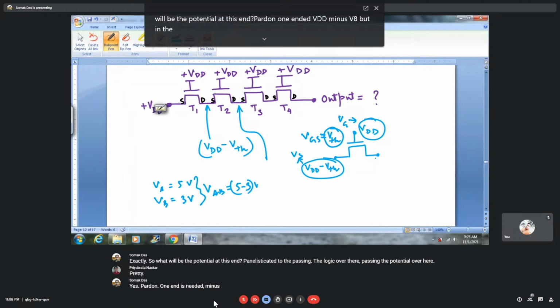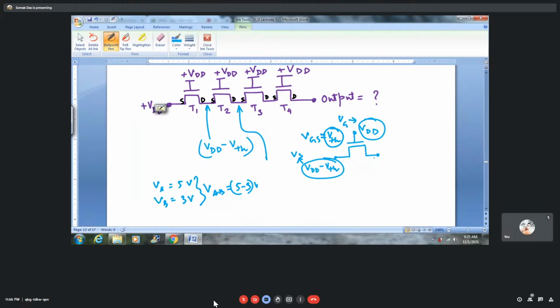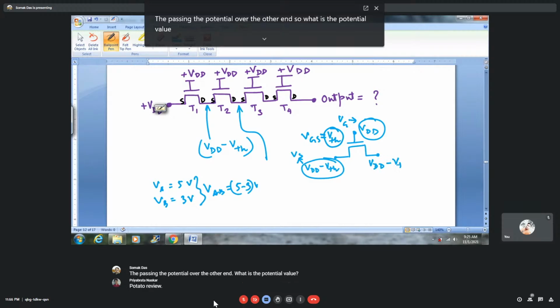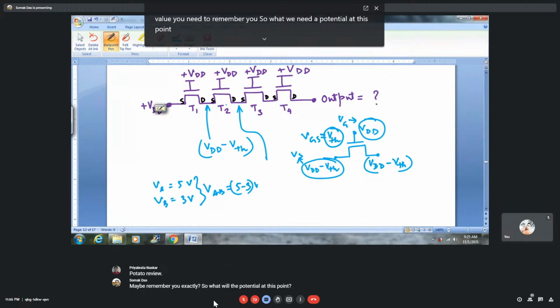What will be the potential at the other end? You are passing the potential over the other end. So what is the potential value? It will be VDD minus VTH. Exactly. So what will be the potential at this point? One end of T2 is VDD minus VTH.